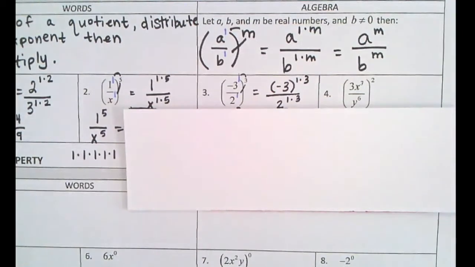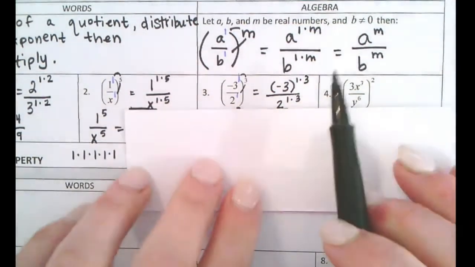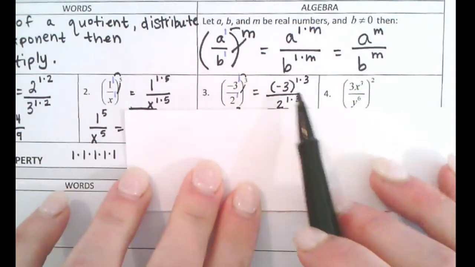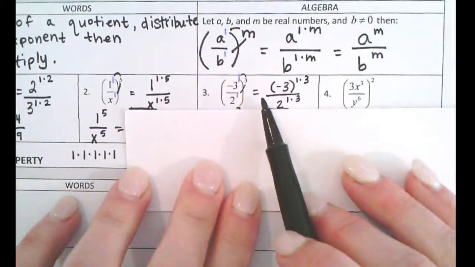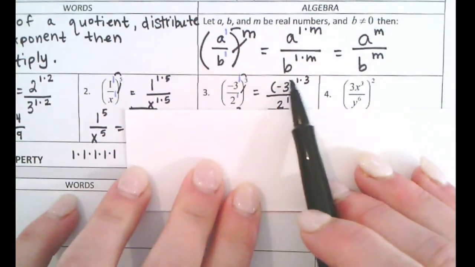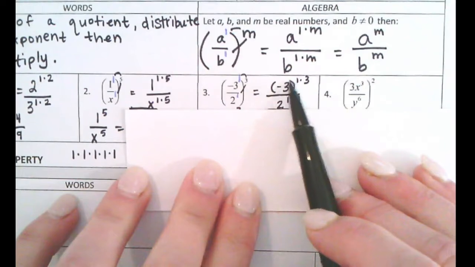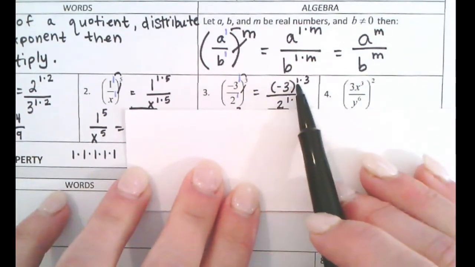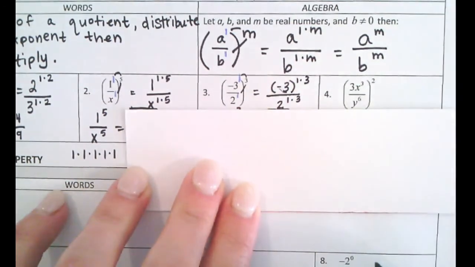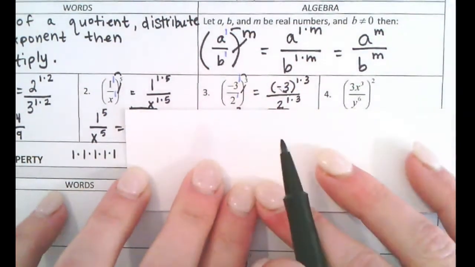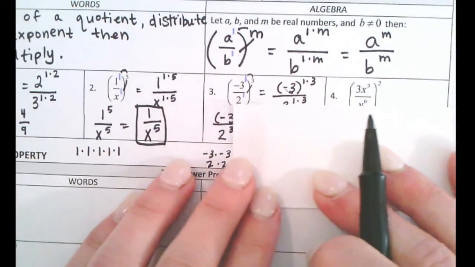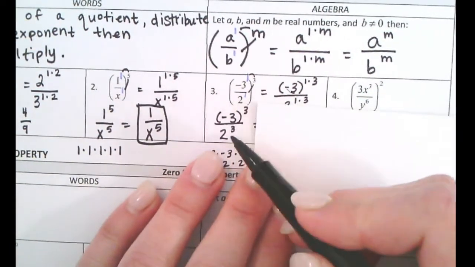Okay, both of these had powers of 1, so I distributed the 3 to both the -3 and the +2. Notice, since this was negative, I did put it inside parentheses. This one won't be affected as much, but it is good practice to always keep negative numbers inside parentheses. The next thing I did is I simplified the 1 times 3 and 1 times 3.